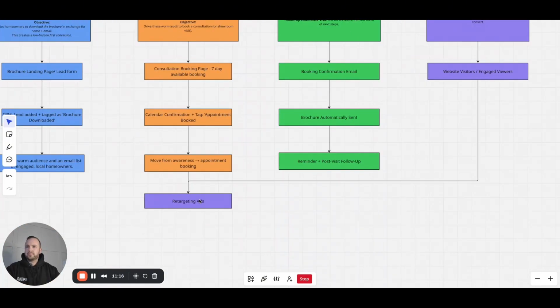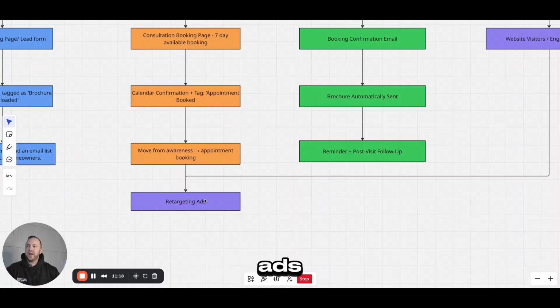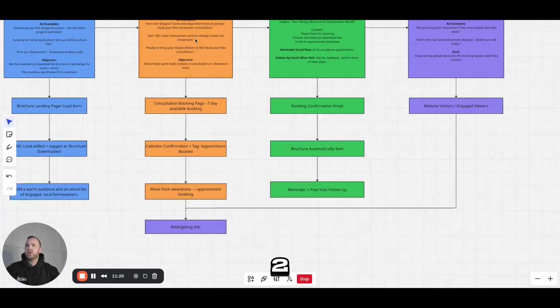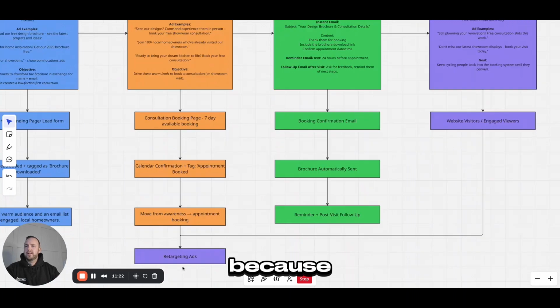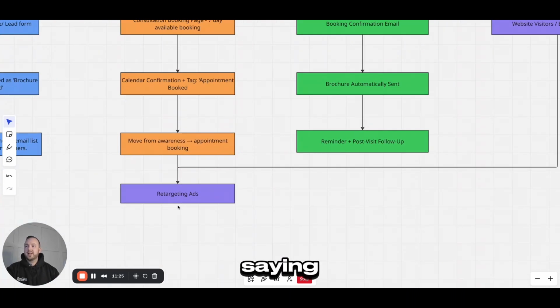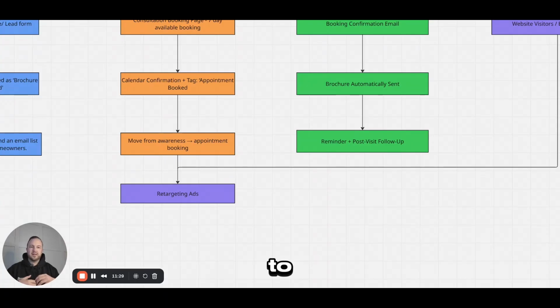So these retargeting ads very much fall back into stage 2, which is direct response, because the retargeting ads is saying, hey, we know that you downloaded our brochure. We really would like to invite you into the showroom and come and visit us. Or we'd really like to come and visit you to see what the project is and have a chat with you about how we can help.